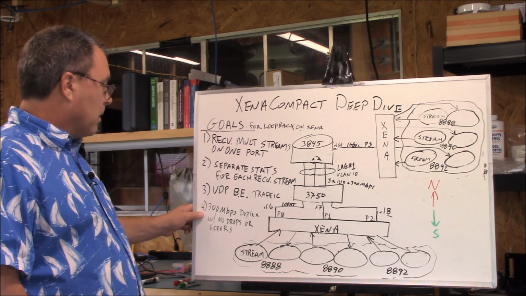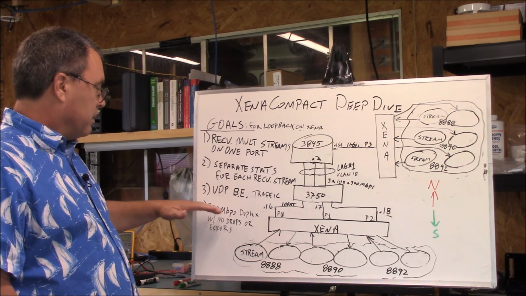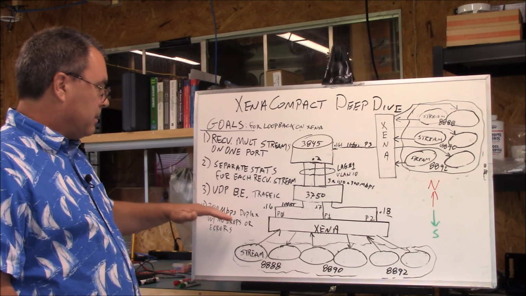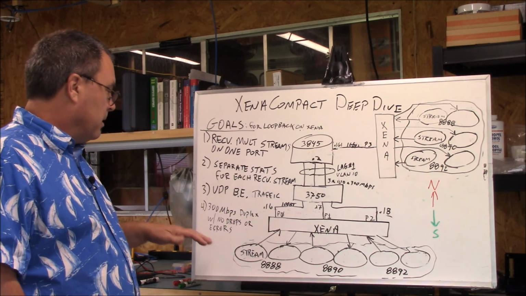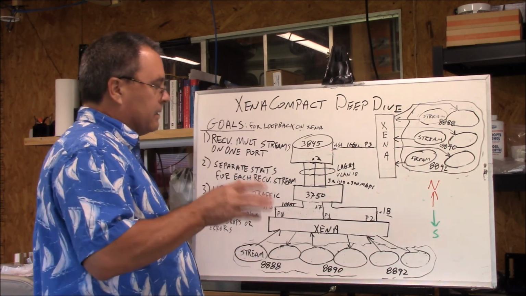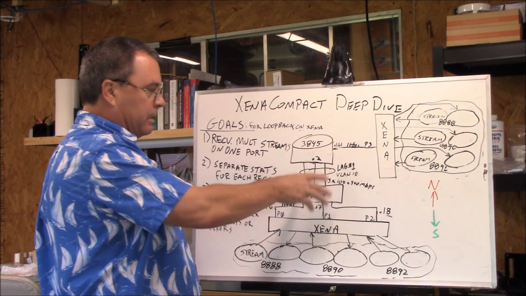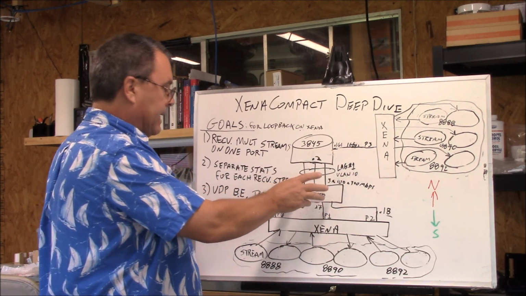And goal number 4 is I want the test set in loopback mode to be able to run 300 megabits of duplex traffic with no drops or errors. Because I know our system under test won't do that because of the overhead associated with the packets.